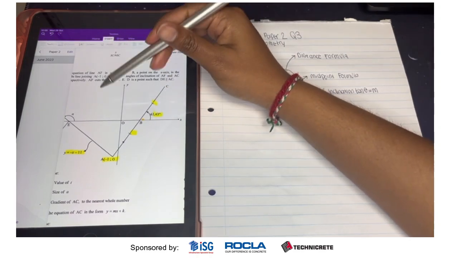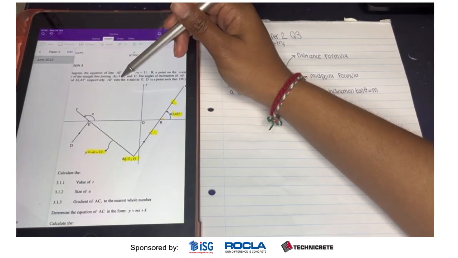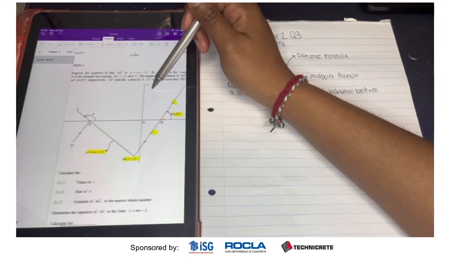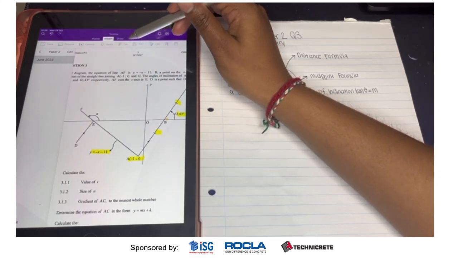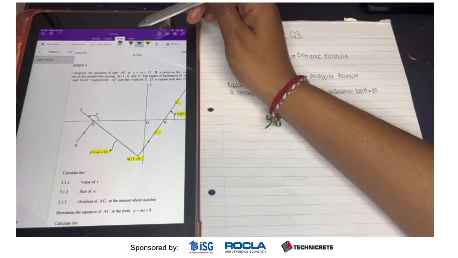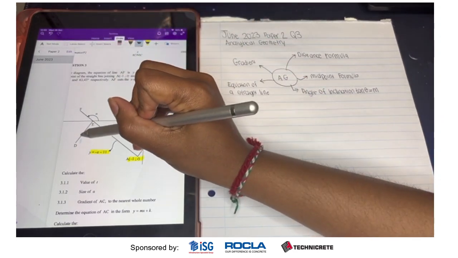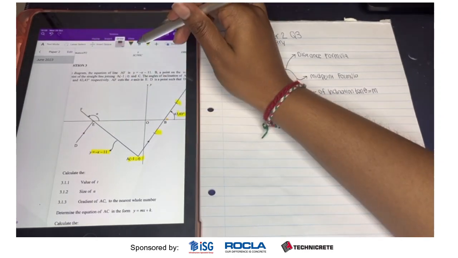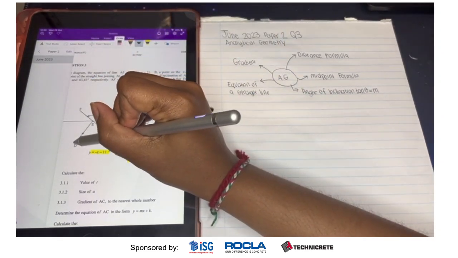Next, it says AF cuts the x-axis in E. D is a point such that DE is parallel. I always love to emphasize my parallel lines because parallel lines can help us in many ways.